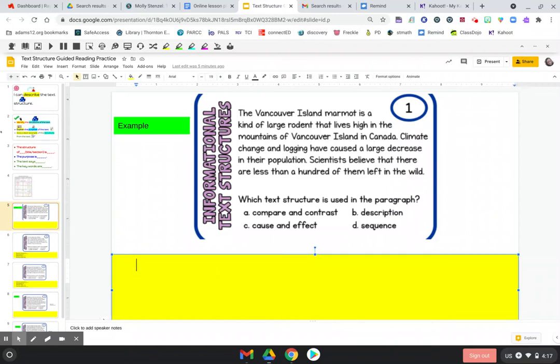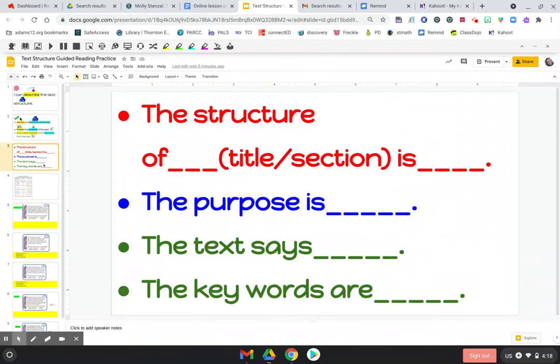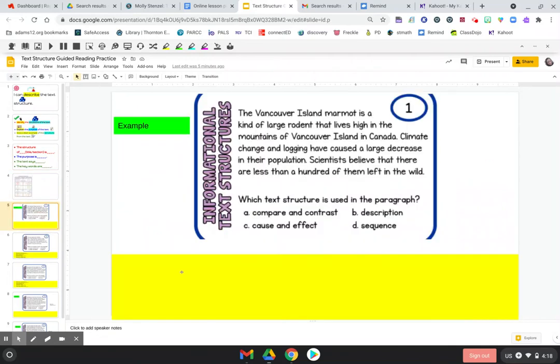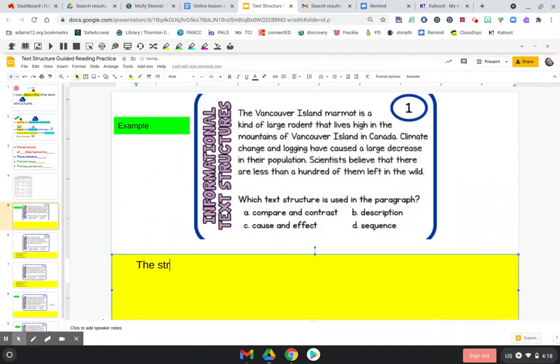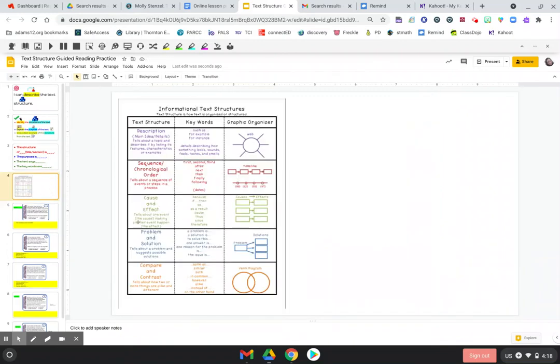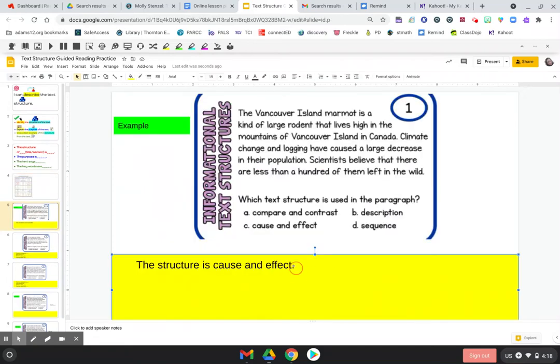So I'm going to start with my sentence of the structure is, from the slides. Slide 3 shows me my sentences. So you would say, the structure is cause and effect. Then I was talking about the purpose. Again, here it says cause and effect is to tell us about one event making another event happen. So here, the purpose of this text is the author telling me how the event of climate change and logging causing the decrease in their population.